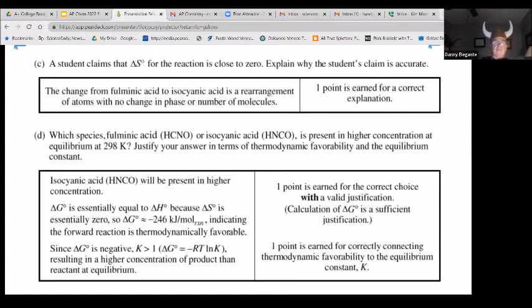And all right, sorry, if you said isocyanic acid, you get a point. And then you get 1 point for basically saying that delta G is negative, K is greater than 1. So if you said that, you get 2 points. So all of a sudden, y'all are starting to rack up points. If you didn't get one of the points, totally okay. Because remember, the goal is to get the most number of points you can.